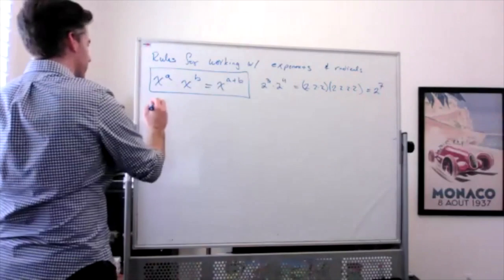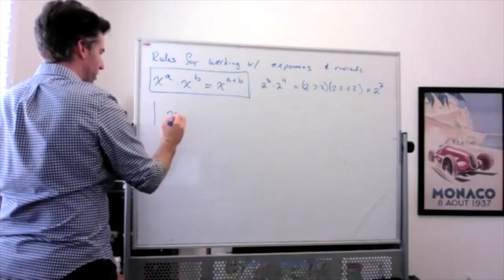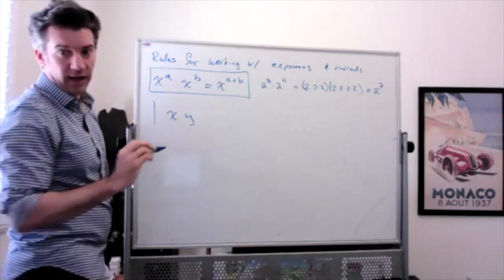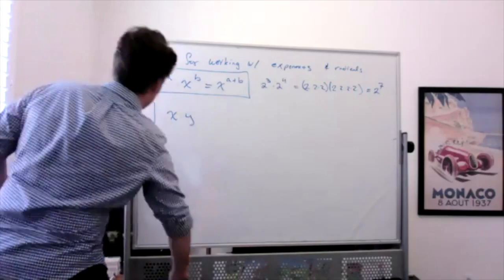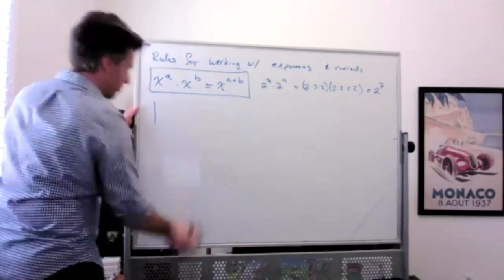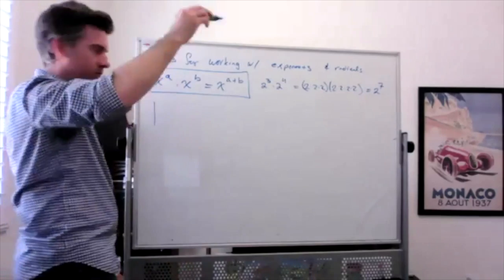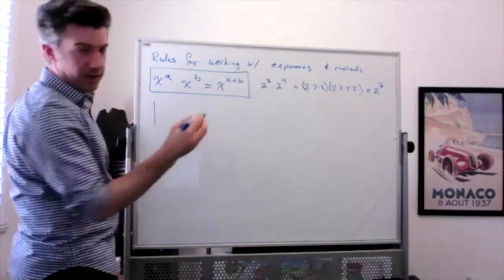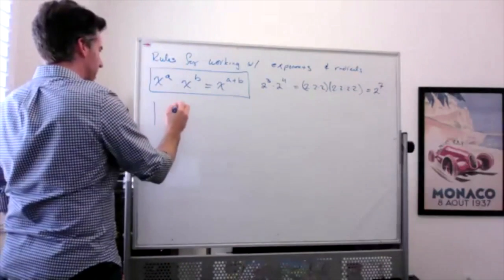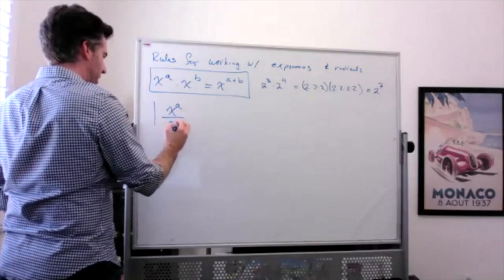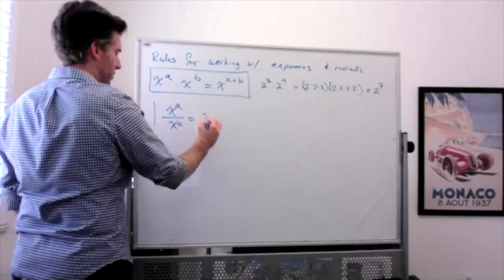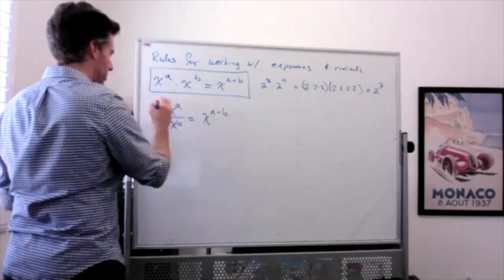We also have some other rules. Let me go down across, if you're looking at the notes, I am. So if I have x to the a divided by x to the b, that is equal to x to the a minus b.